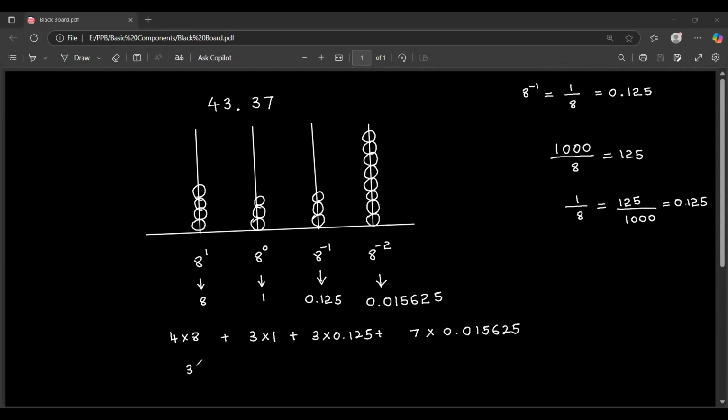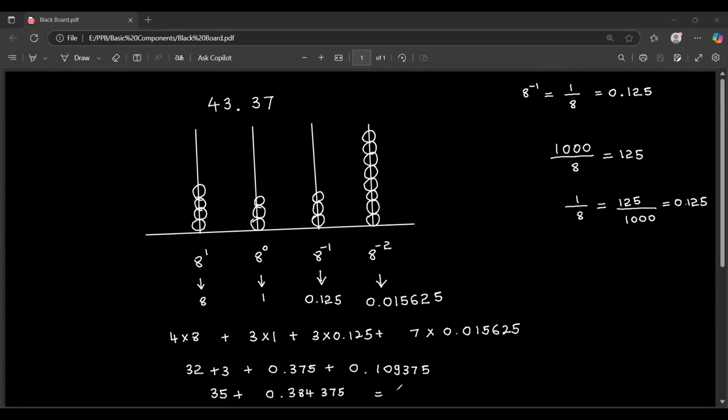So that will be 32 plus 3 plus 0.375 plus 0.109375. If I add all this, I will get 35 plus 0.384375.